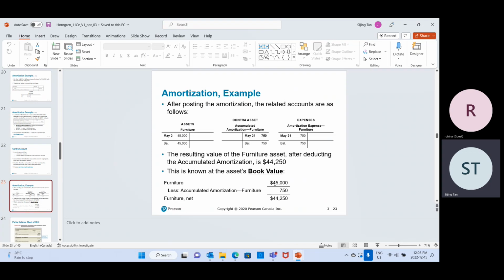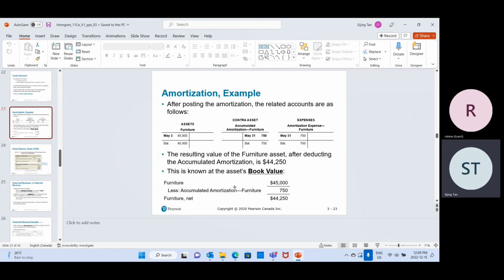We use the historical cost total amount, $45,000, and deduct the accumulated amortization, $750. So the net value of the furniture will be $44,250. You're not required to do the calculation, but it helps you better understand how the accumulated amortization works in the balance sheet.